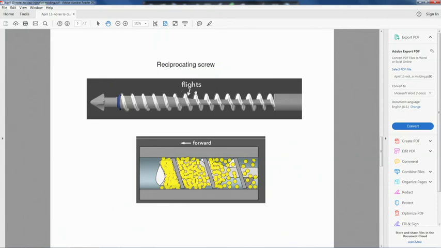Basically, the temperature of the pellets will become higher as you go more and more towards the injection chamber, and in fact 70 to 90% of the heating necessary to melt the pellets can already be supplied by this reciprocating screw, by the shearing force. And the melt is not only sheared.